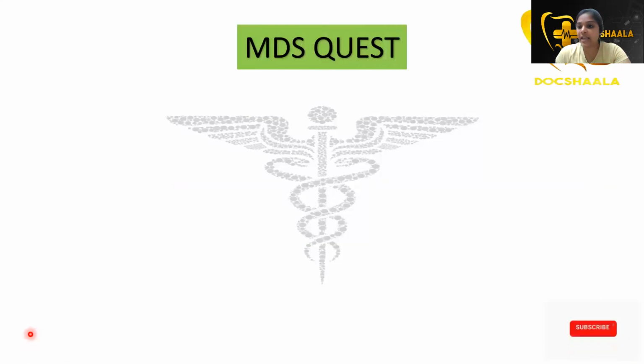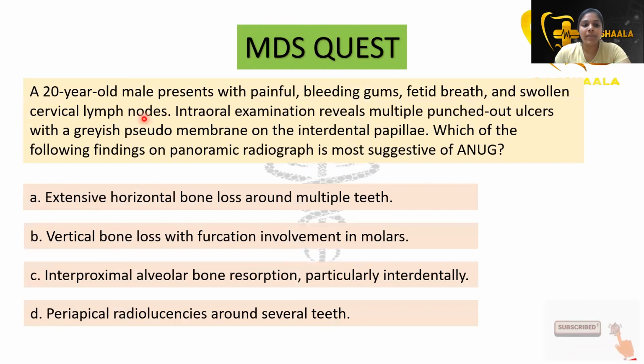And so let's just see a question around ANUG now. A 20-year-old male presents with painful bleeding gums, fetid breath, and swollen cervical lymph nodes. Intraoral examination reveals multiple punched out ulcers with gray pseudomembrane on the interdental papillae. Which of the following findings on panoramic radiograph is the most suggestive of ANUG?